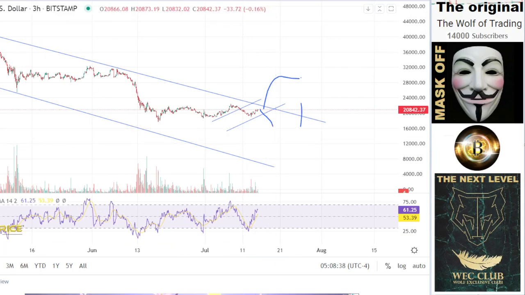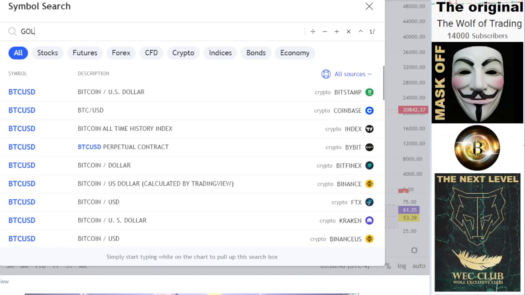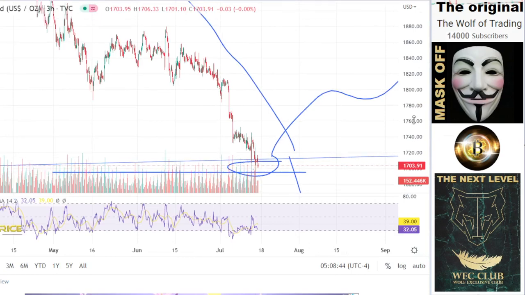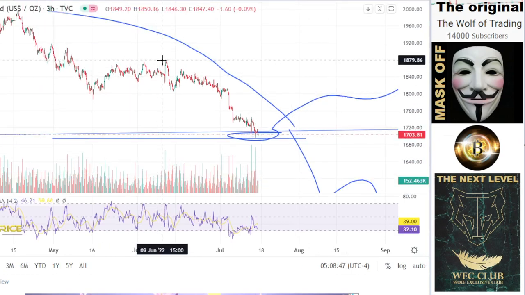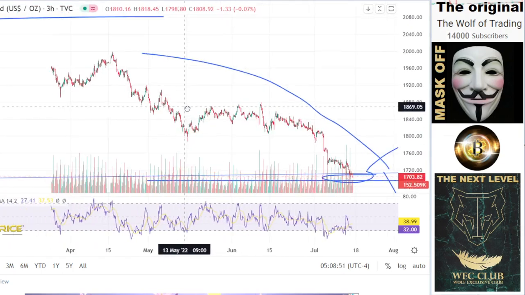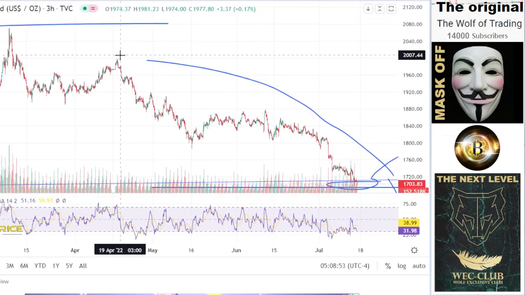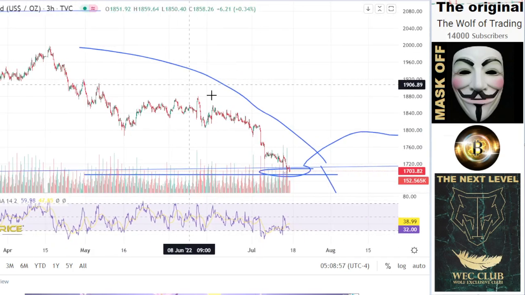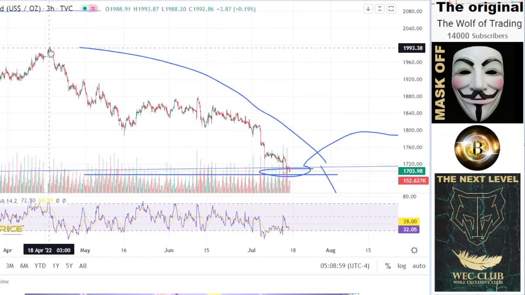Because if you look at gold, you can see that the gold price is going really hard to the downside. You can see 1,800, or if you go a little bit earlier, you can see the price is coming from 2,000. And this is happening in 2 months. If you look here, we are at April, July.